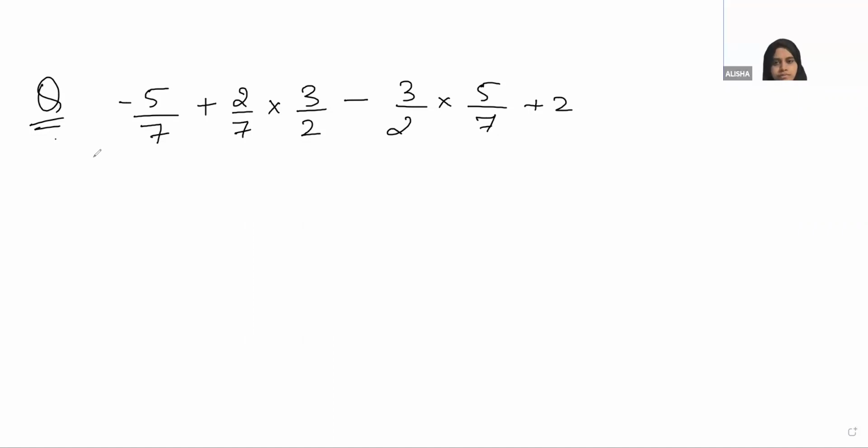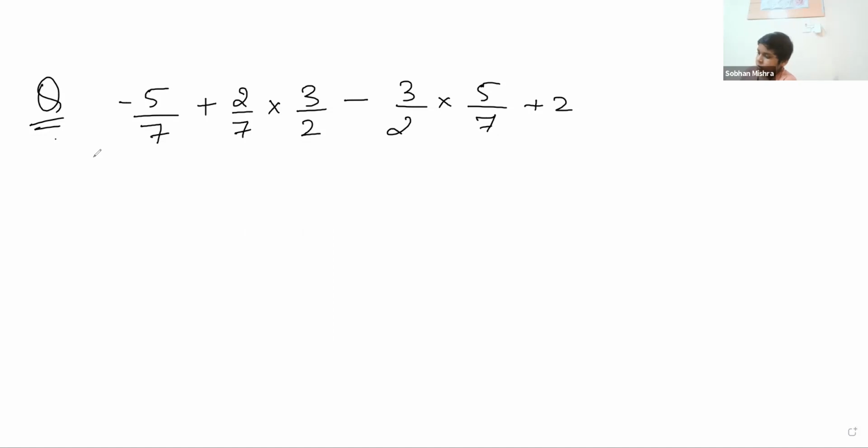What will you do? First telling me to find the LCM. Directly LCM? One minute, I'm doing it. No, I was asking you whether you are going to take directly the LCM?